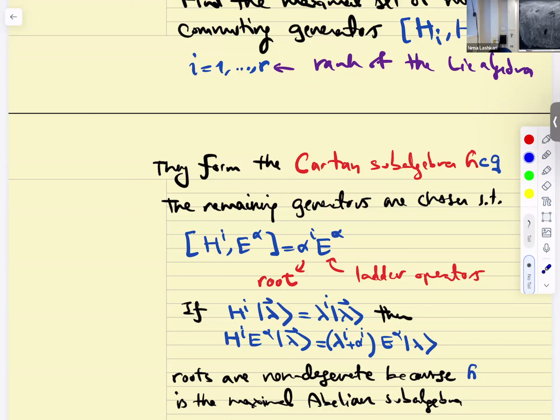And the standard a, a dagger algebra, that is what? In quantum field theory of free fields, it's just omega. a dagger omega adds a mode with energy omega. These are called roots, and they carry a label because there are a whole bunch of them. These are called ladder operators, not surprising.